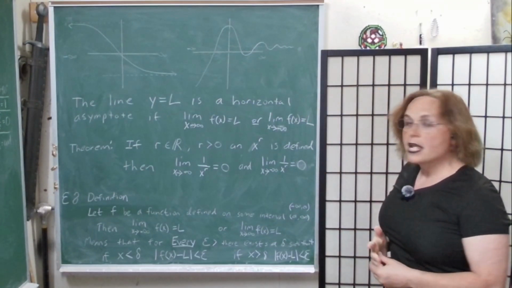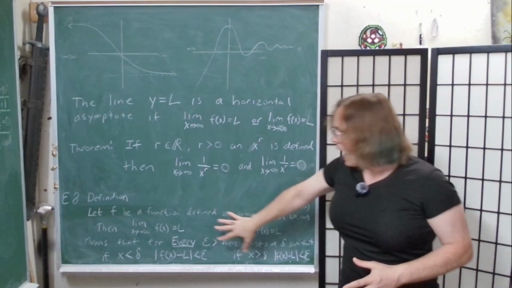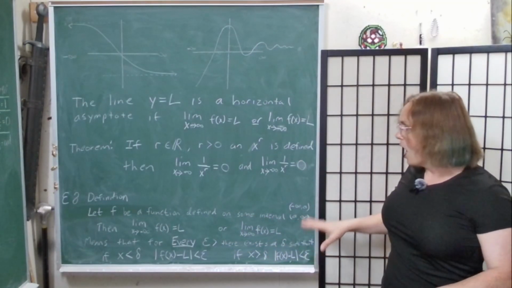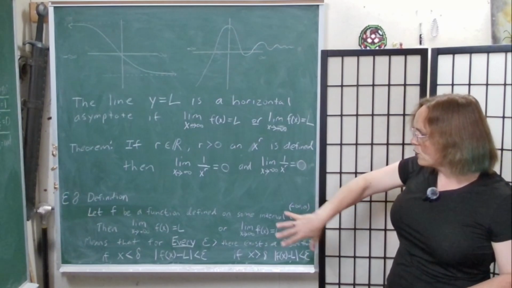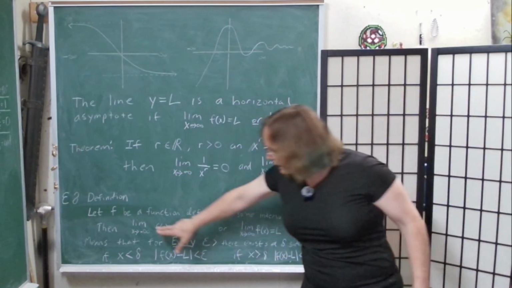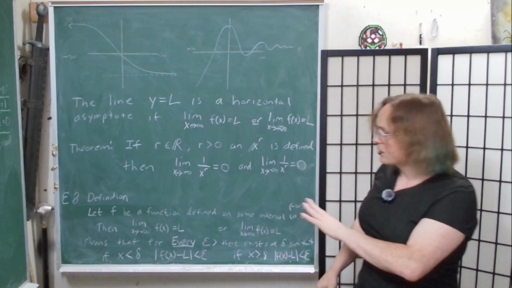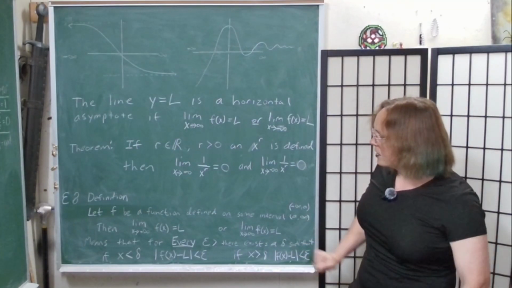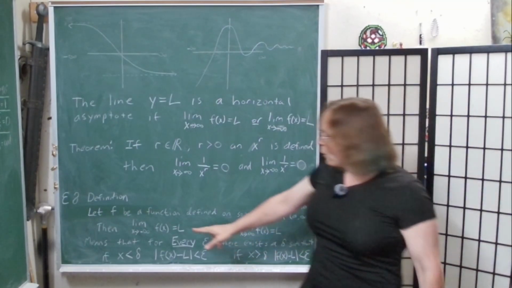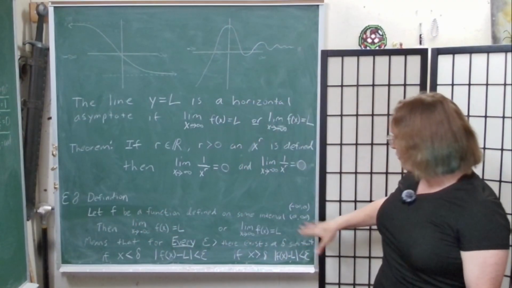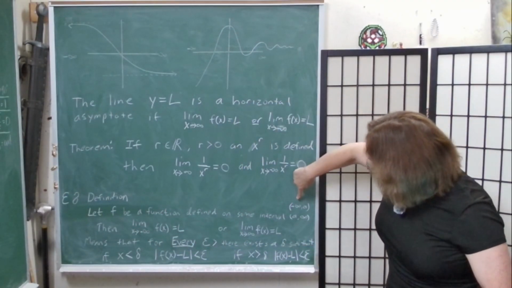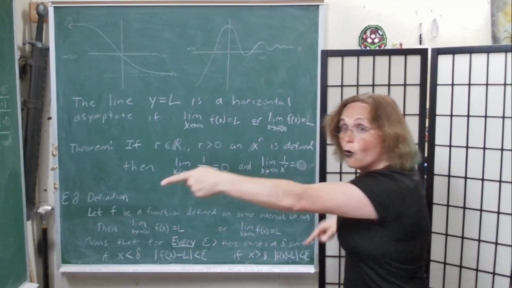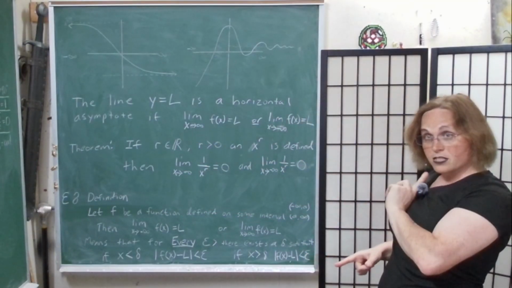Now, this part down here in the bottom, I combined both of our precise definitions of the function as we approach infinity. This is basically the epsilon-delta definition for our horizontal asymptotes. We let f be a function defined on some interval, and we either take the limit as x approaches negative infinity or as x approaches positive infinity.